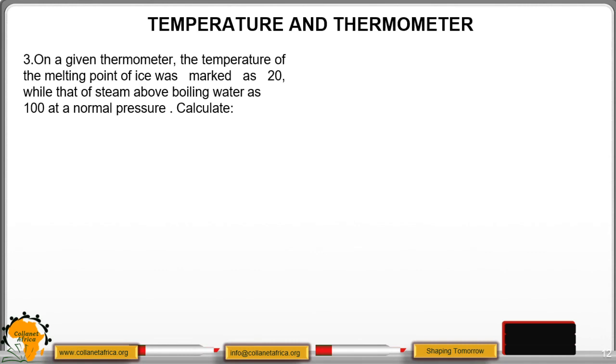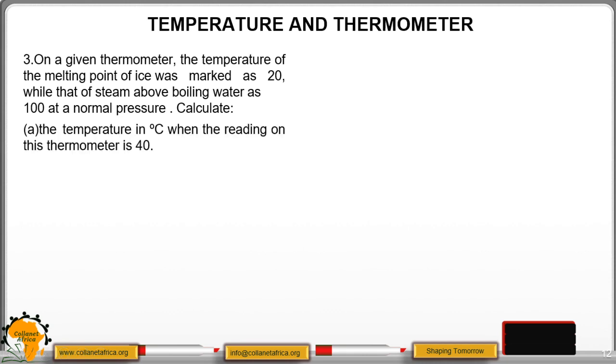Then from there, we have another example. On a given thermometer, the temperature of the melting point of ice was marked as 20, while that of steam above boiling water was marked as 100, and this was done at normal pressure. Calculate part A, the temperature in degrees Celsius when the reading of this thermometer is 40, and part B, the thermometer reading when the temperature is 40 degrees.